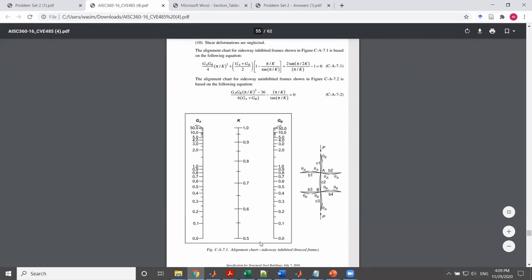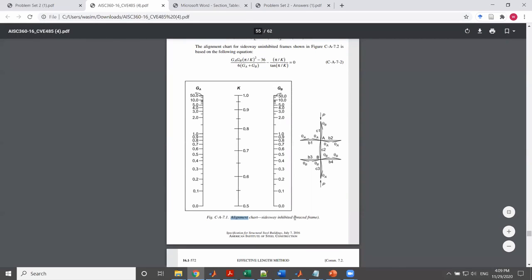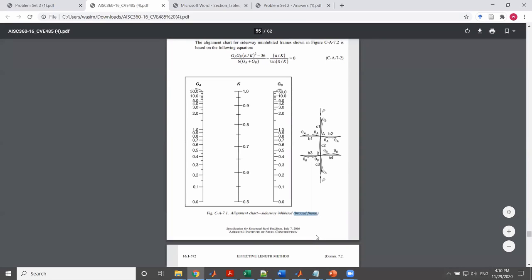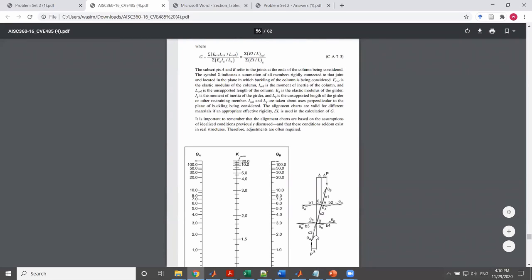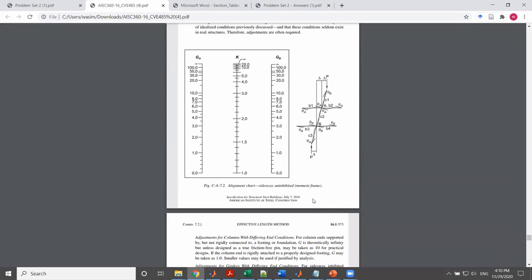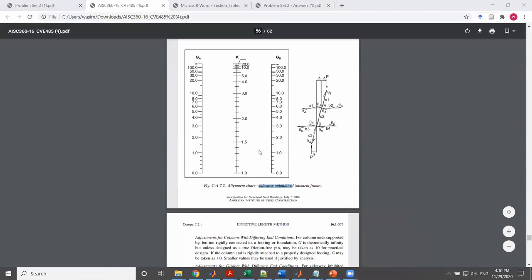The first one is the alignment chart where the frame is braced, and the other one is for the case which is unbraced. Side sway is uninhibited, so that means that it can sway around. So since it is unbraced for the in-plane, I'm going to use this one.